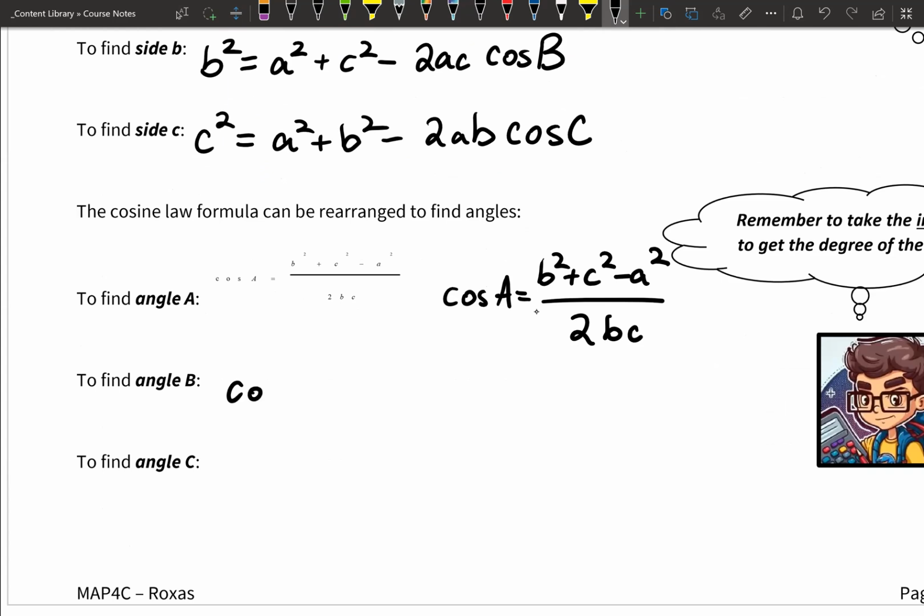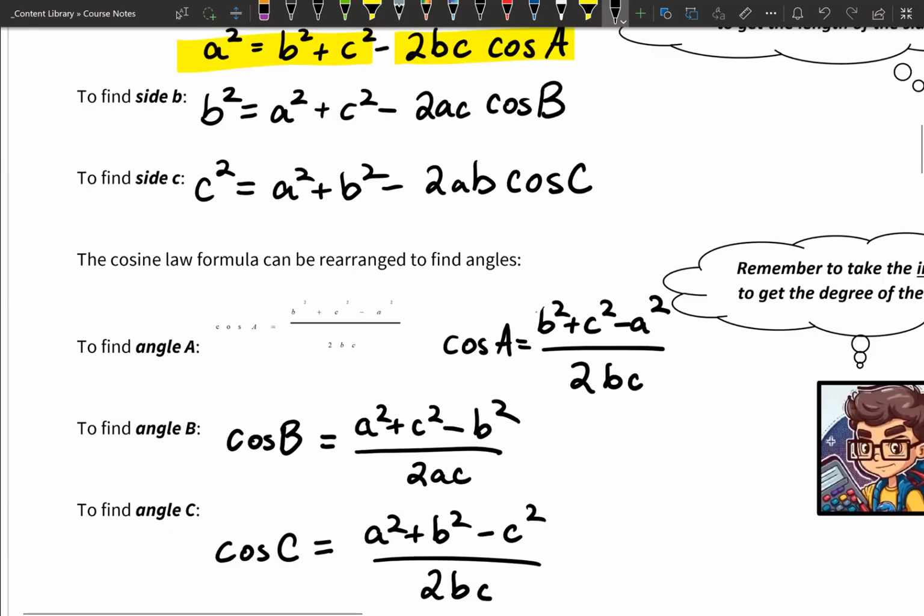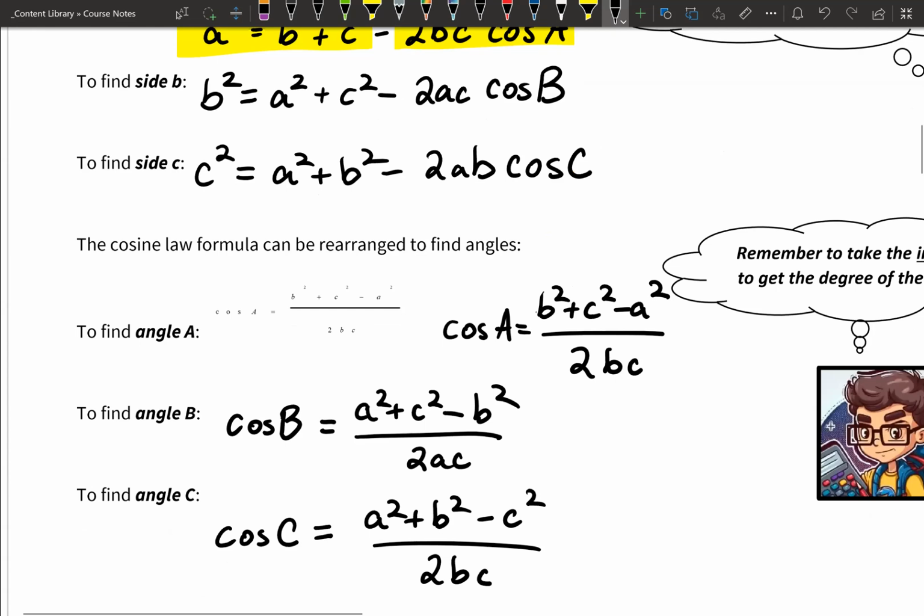If you're finding angle B, similarly, cosine of angle B would be a squared plus c squared minus b squared over 2ac. And if you're finding angle C, the formula would be cosine of C equals a squared plus b squared minus c squared over 2bc. So you have 6 formulas. All of these are cosine law.